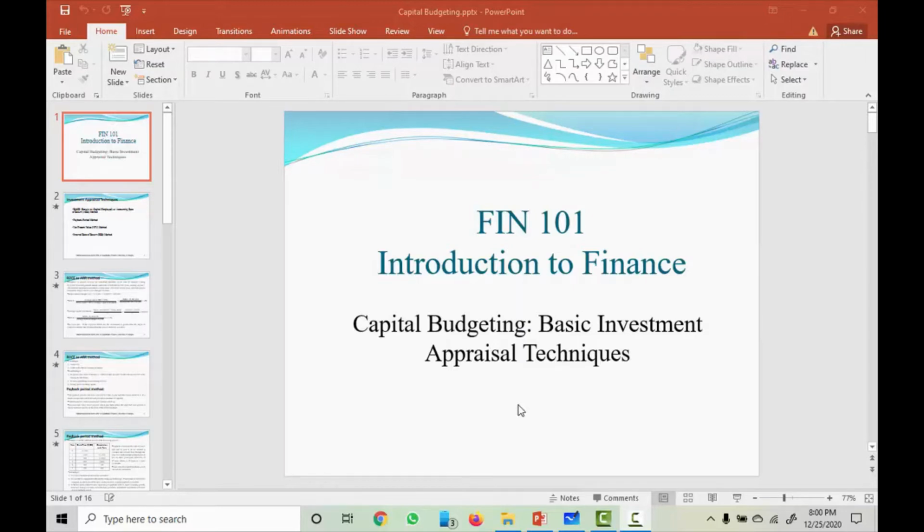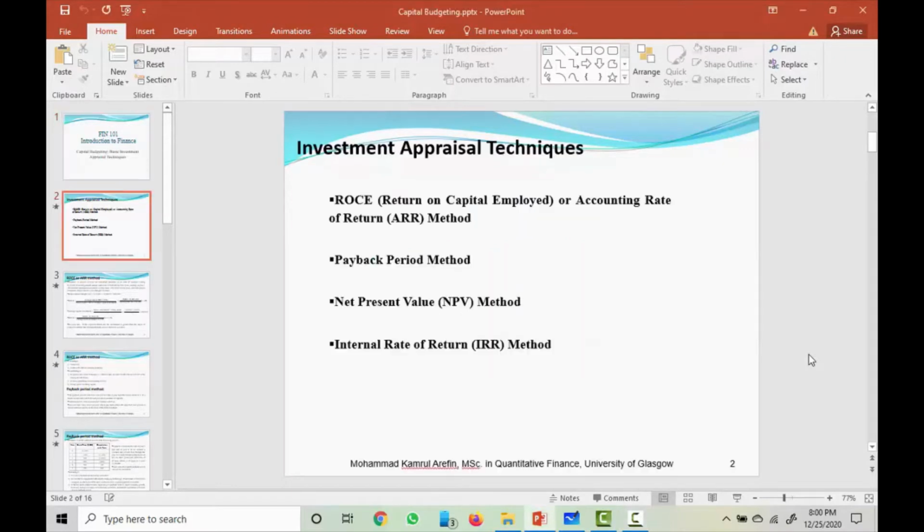So here in this chapter we will learn some basic investment appraisal techniques, basic investment evaluation techniques. We will mainly study ROCE, that is return on capital employed, otherwise called the accounting rate of return method, which is commonly used by accountants.